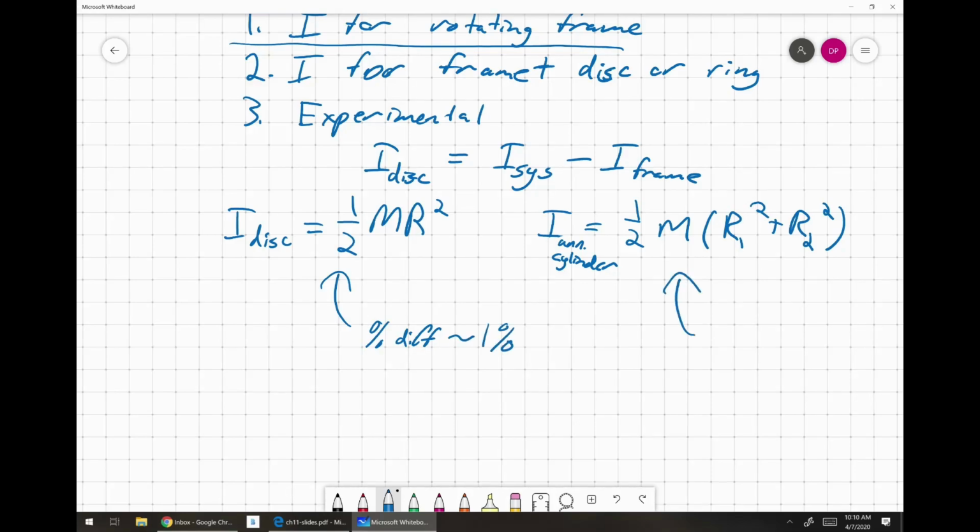And for the cylinder, I was able to get a percent difference of about 3%. And that is using the exact same videos that you will be analyzing. So you should be able to get pretty good results out of this, as long as you are very careful when you're clicking and tracking the position of that mass hanger.